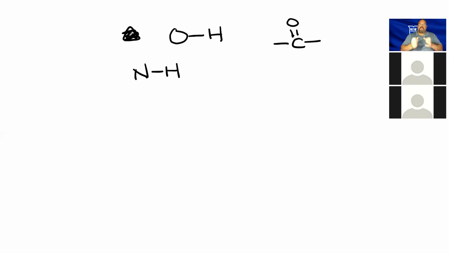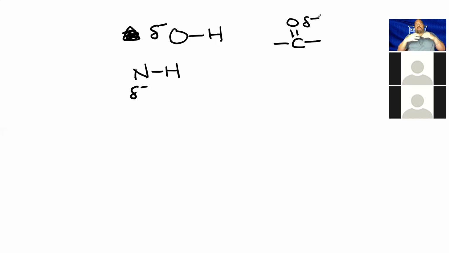When electrons are shifted towards, because you're the more electronegative element, the type of charge you develop is known as a partial negative charge, given by the symbol delta minus. In OH, the oxygen has a partial negative charge. In NH, the nitrogen has a partial negative charge. And in C double bond O, the oxygen has a partial negative charge.